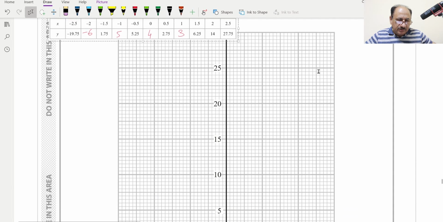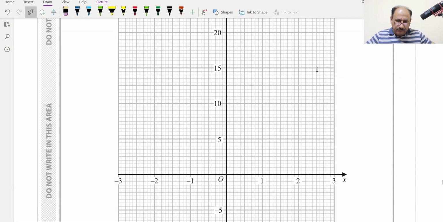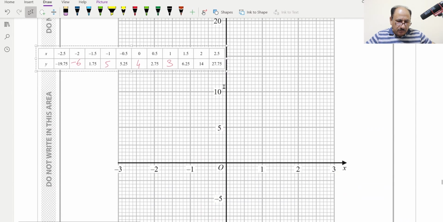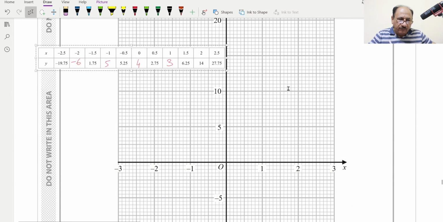First value is minus 2.5 and minus 19.5. Minus 2.5 and minus 19.5 will be over here.